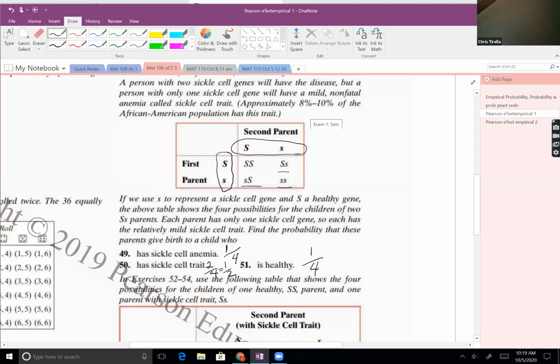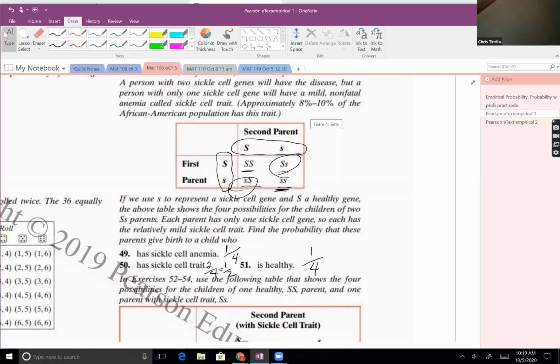And so the table shows the different ways that those parents could have children. Because the parent only gives one of their two genes. So there's a 1 in 4 possibility that they don't get it at all. There's 2 in 4 possibilities that they're like the parents and they have the trait. And there's 1 in 4 possibility that they have the disease. Thank you. Yes, thank you.